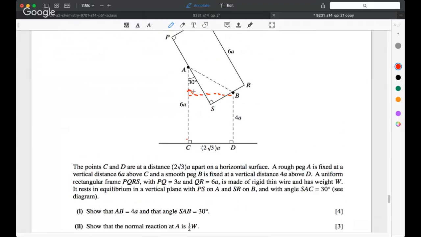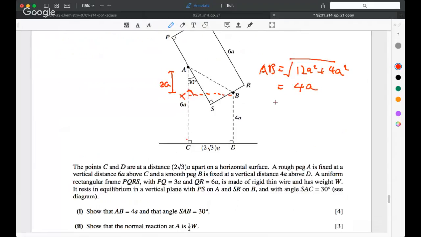Let's call this point X. So AX has length 6a minus 4a, so it's 2a. And XB has length 2 root 3 a. So AB would just be the square root of 12a squared plus 4a squared, and that will give you 4a.